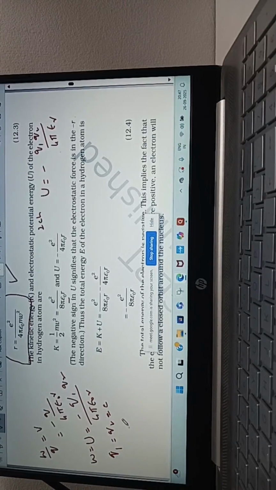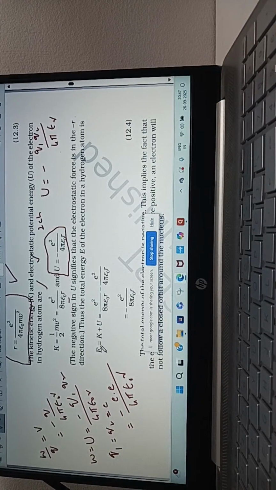So what you will get? Minus e into minus e, minus e square by 4 pi epsilon naught r. This is what is written here. Yes, sir. I think these two are clear. I taught this already in the last class. For you revision is going on.